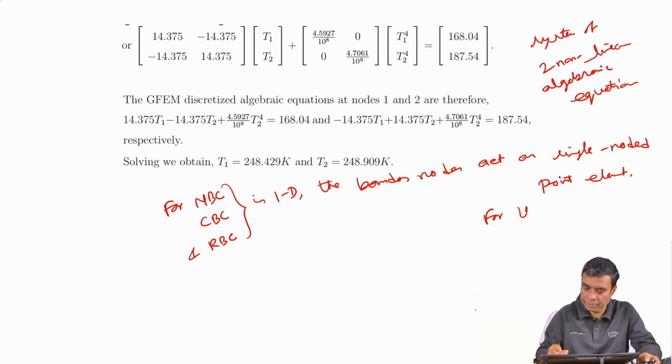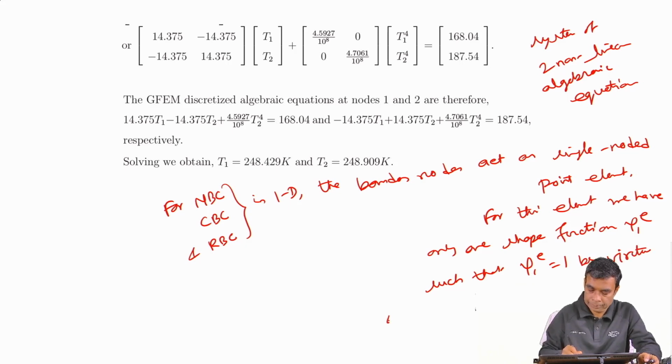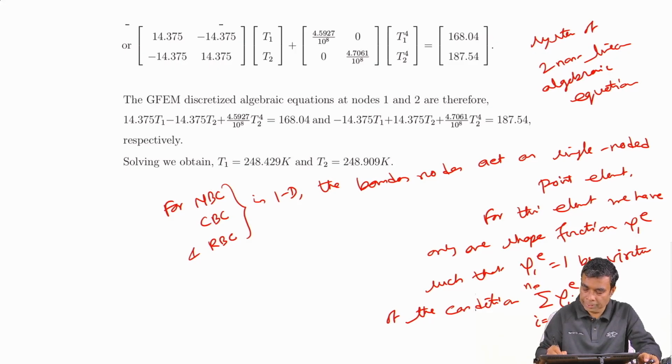For this element, we have only one shape function psi 1e such that psi 1e equals 1 by virtue of the condition summation of psi I equals 1, where I varies from 1 to any n.